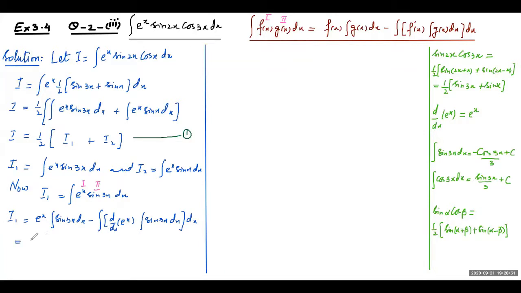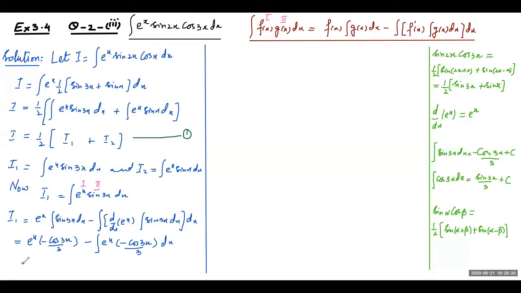Now write the results from the sidebar. You will get e^x times minus cos 3x by 3, minus integral of e^x times minus cos 3x by 3, dx.